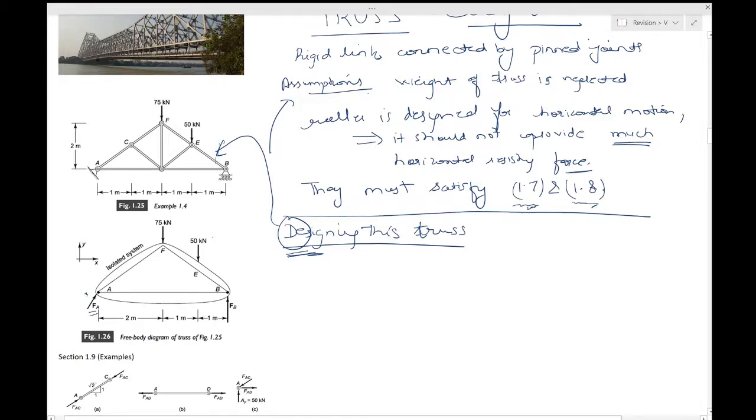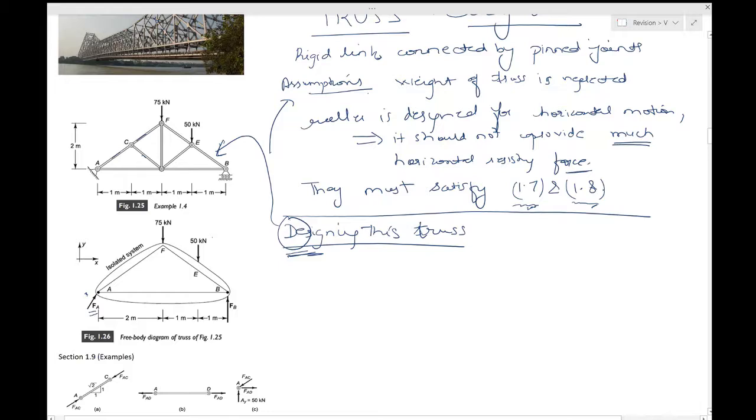by various members, so that he can be sure that each member is strong enough. We don't want any of these links to fail. Okay, so you would want to find the forces in each of them, and you know from your own knowledge, if you take a steel wire and then you take a wooden matchstick, the wooden matchstick, if you try to pull, it will break at a much lower load.